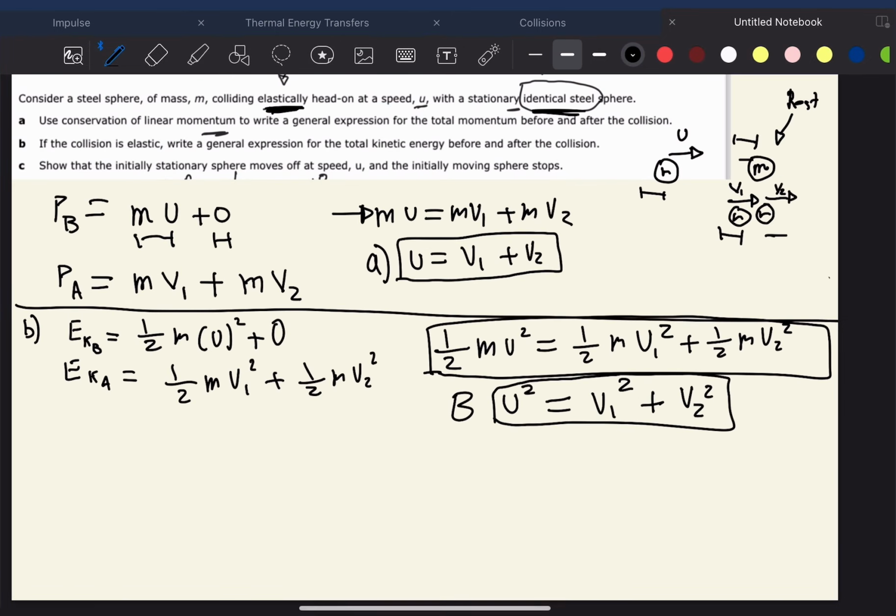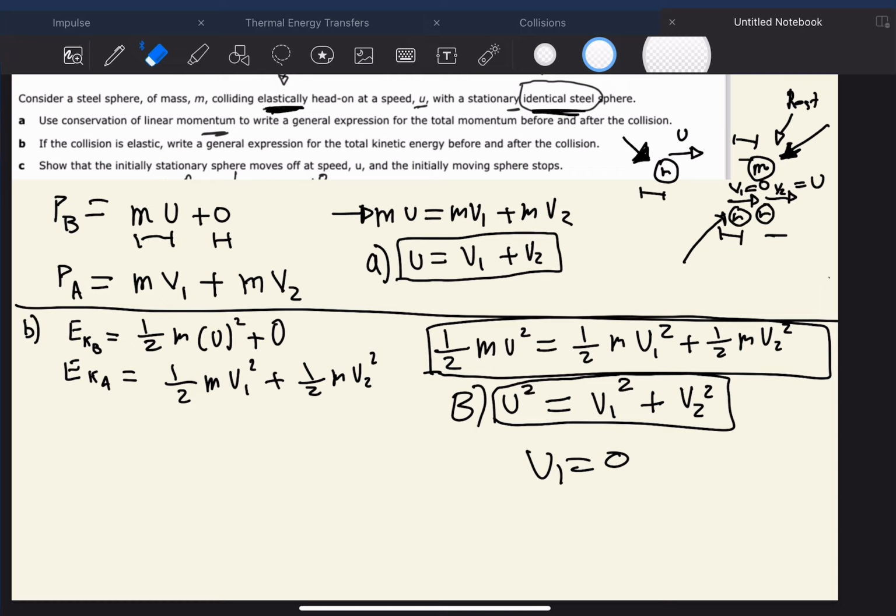We are going to use both A and B for letter C. In letter C, we have to show that the initially stationary sphere, no, this one, this is the initially stationary, will be moving at velocity u, and this one will stop. That is what I want to prove, and that is something that I don't know yet. So it is wrong if you use the fact that v1 is 0 for proving, because that is something you don't know. If you use what you want to prove as part of your proof, that is wrong.